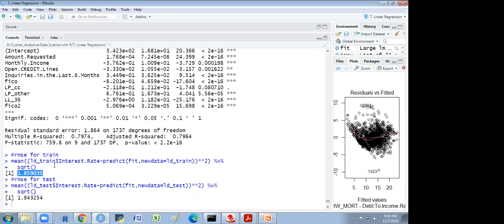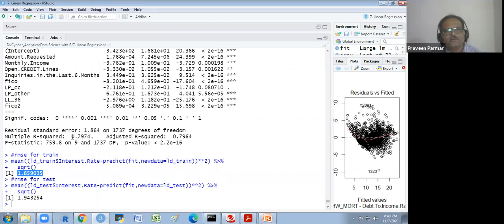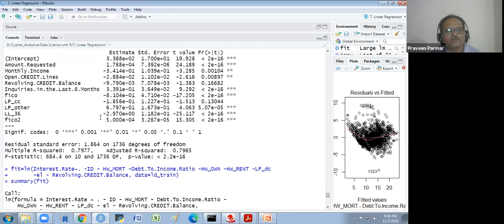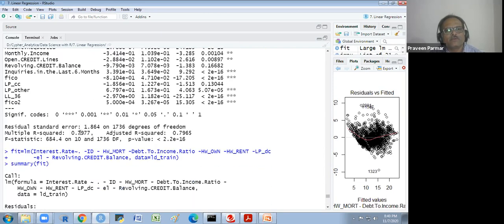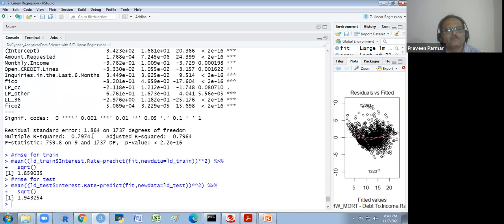Sir, R square has been increased from 77 to 80. No, it's okay. R squared, no? Yes. Okay, it is the 0.7974. Previously it was 0.7977. No, it decreased, no?